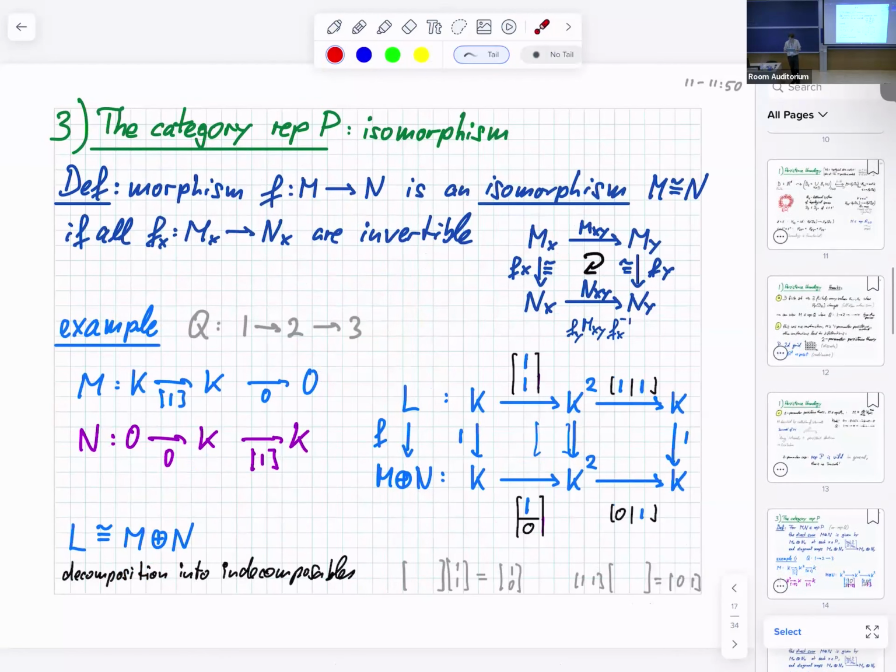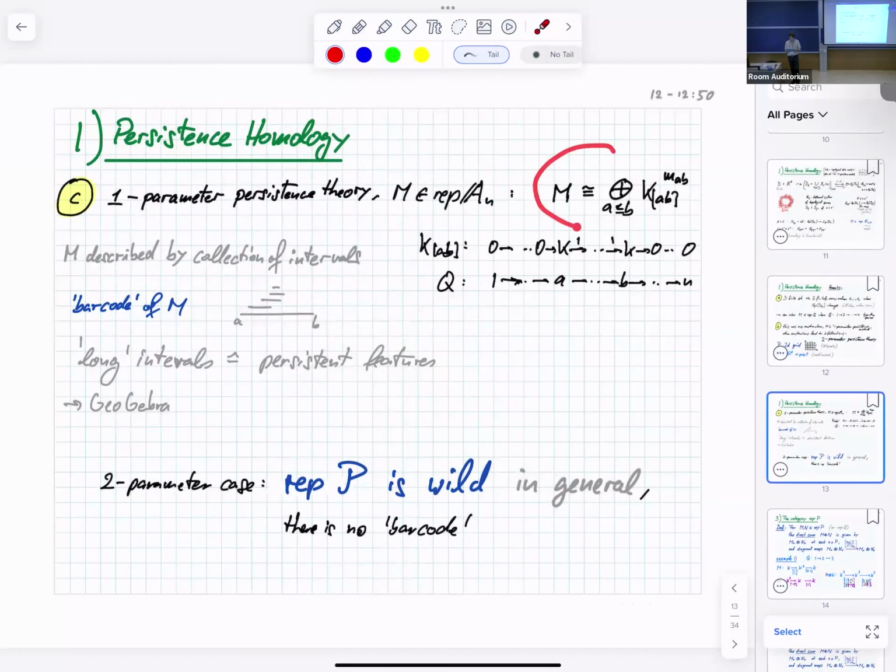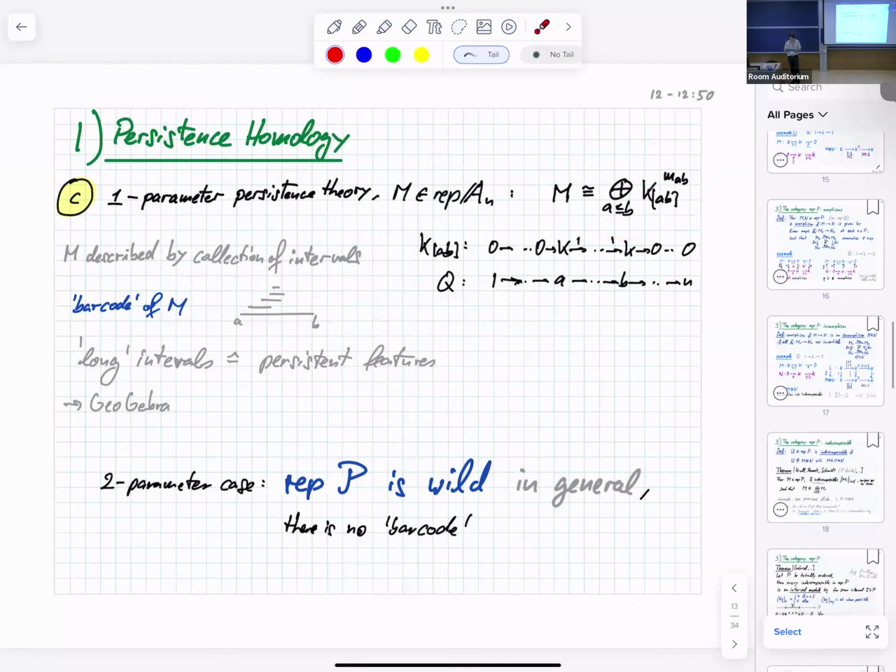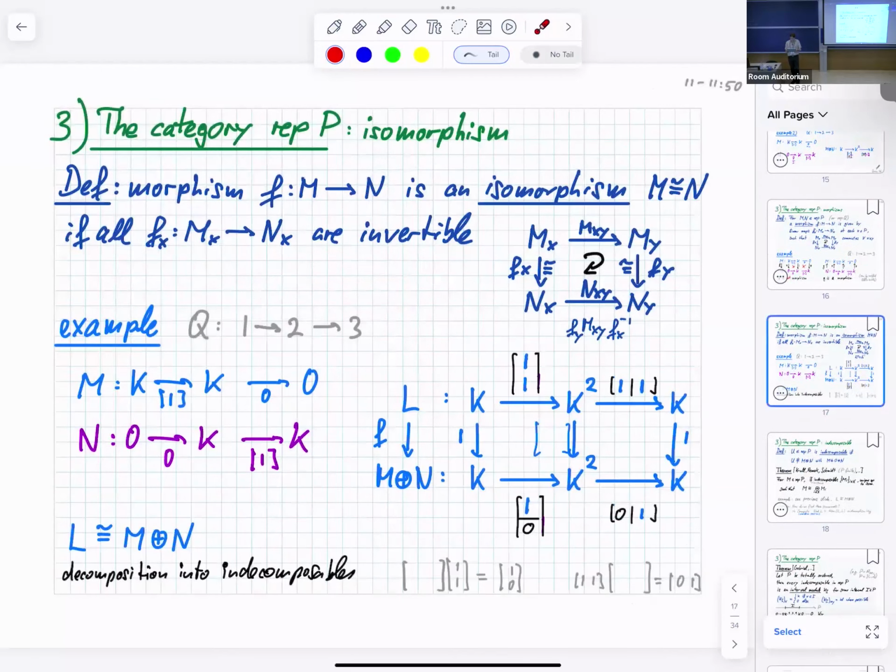Where are we in our general program? We said in our general program, maybe we want to understand M as isomorphic to a direct sum of some indecomposables. So we defined the notion of a morphism. Now, what is an isomorphism?